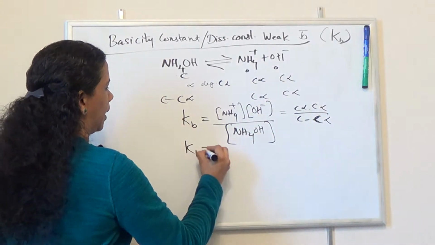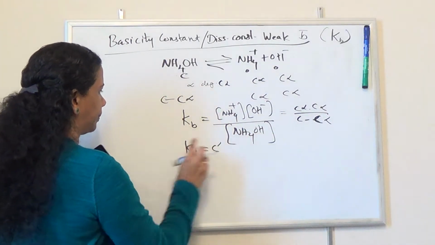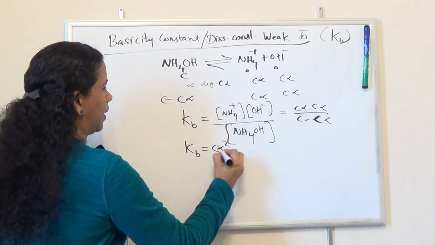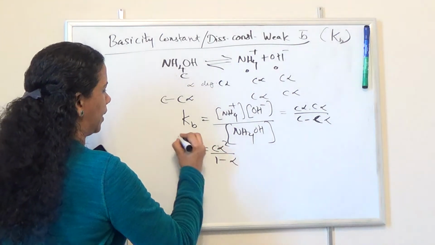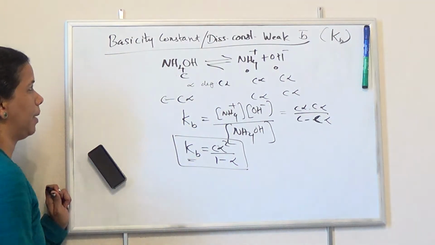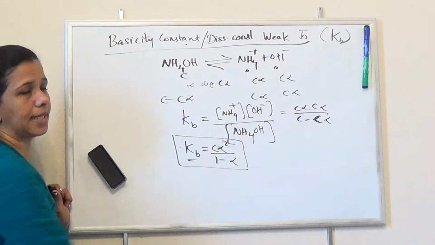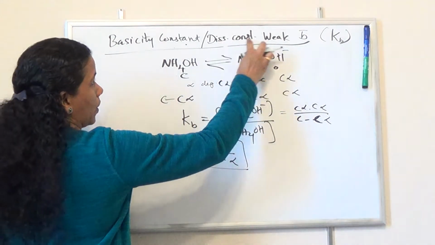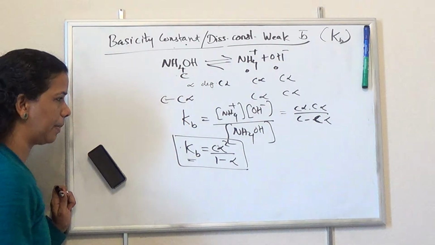Simplifying, we will get Kb is equal to C alpha square divided by 1 minus alpha. Using that equation, we can find the value of Kb. Kb is called a basicity constant or dissociation constant for a weak base.